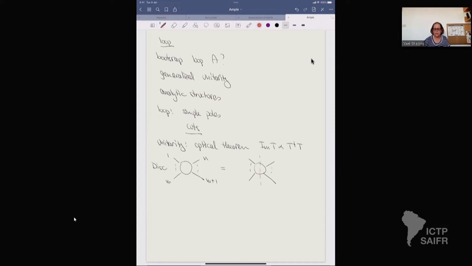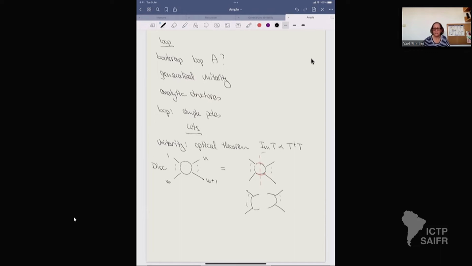In other words, this propagator here and this propagator here go on shell and lead to a discontinuity, and we have this equation. This discontinuity is just given by the cut amplitude, and that's equal to the product of this amplitude here times this amplitude here. And this is something that happens first at the loop level.